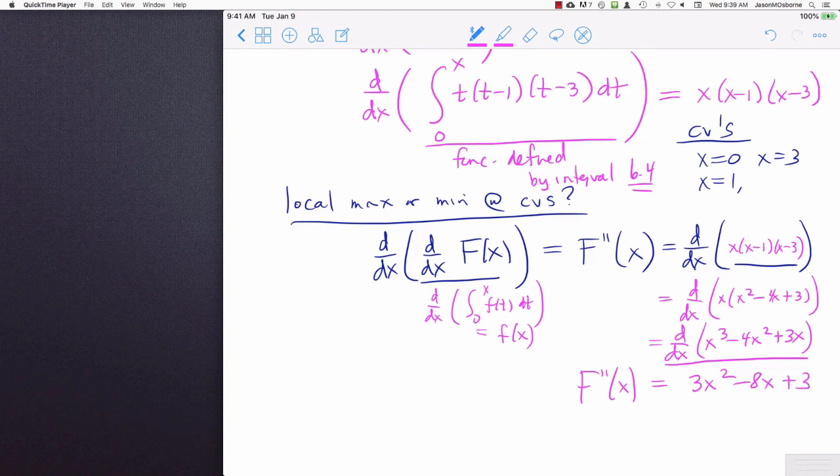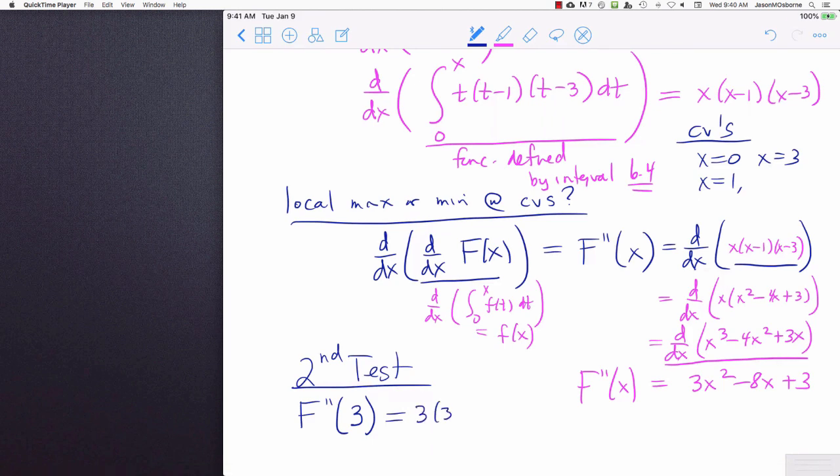So how are we going to determine if we have a local max or min at our critical values? We're going to do the second derivative test. The second derivative test says test your second derivative at one of your critical values, right?